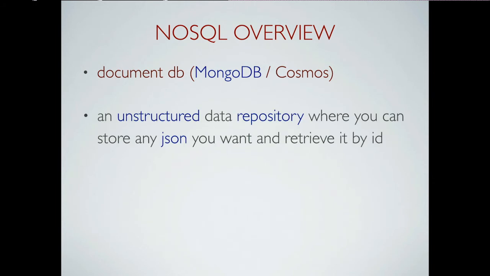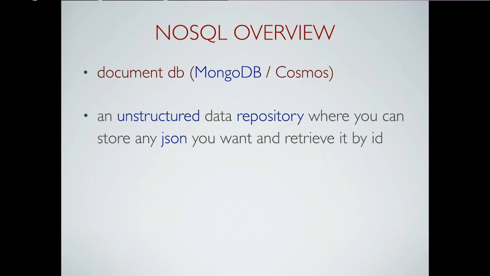So what is DocumentDB or Mongo? It's an unstructured data repository where you can store any JSON you want and retrieve it by ID, okay? So that's a really high level. Unstructured just means, unlike SQL, it doesn't have the constraints in terms of what my schema looks like. It's a repository, i.e. database, right?